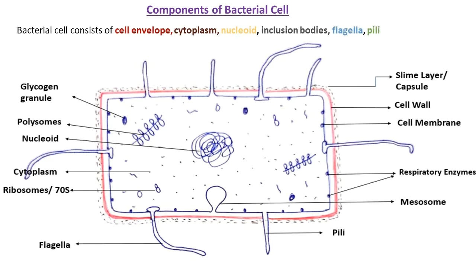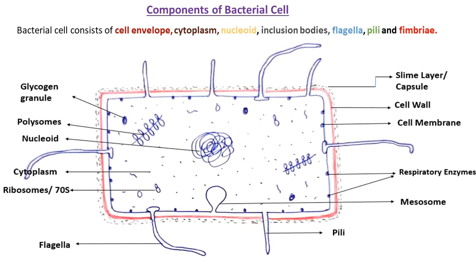In addition, it has pili or fimbriae, but these two structures do not help in motility. One by one we will take up the details of these components of the bacterial cell.